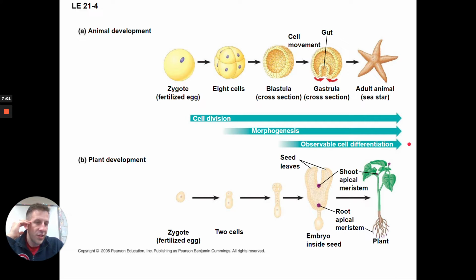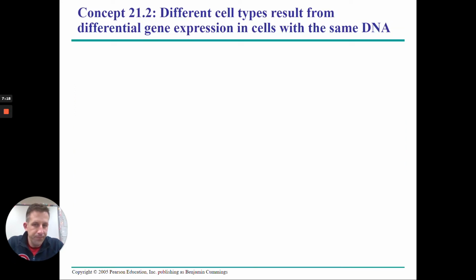And cell differentiation still occurs. It has to, right? If I wreck a heart cell, I would want some of those heart cells to grow back and have that differentiated heart cell look to them, okay?